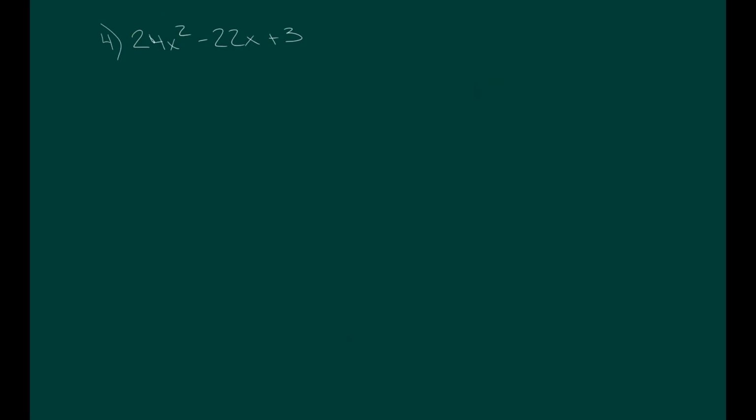Number 4 says 24x squared minus 22x plus 3. So I want to show you what happens when you have a negative in the middle. There is no greatest common factor besides 1, so I'm going to multiply my first term and my last term. So 24 times 3 is 72. So what are factors of 72 that would add together to give me a negative 22?